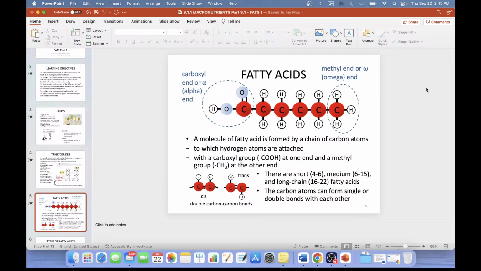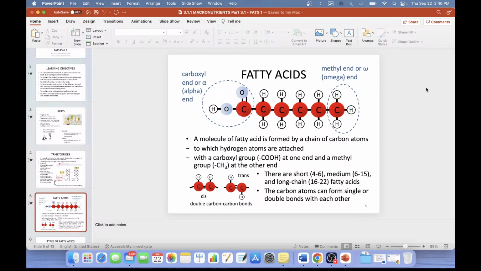Okay? Each carbon attaches to its neighbor carbons only with a single bond. But it is also possible that two carbon atoms attach to each other with a double bond, and thus sort of leaving no bond for two hydrogen atoms.